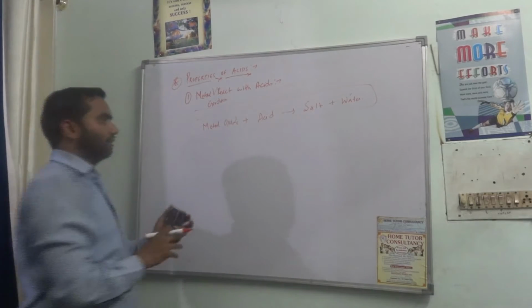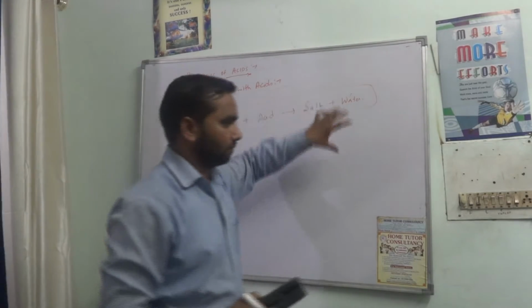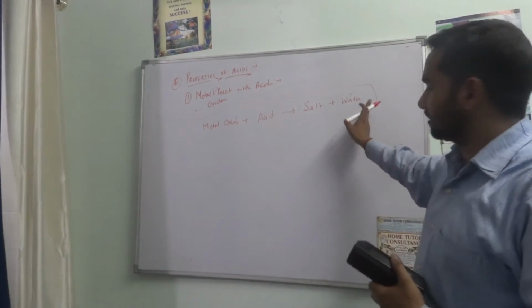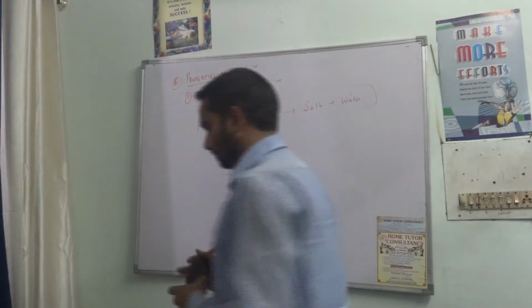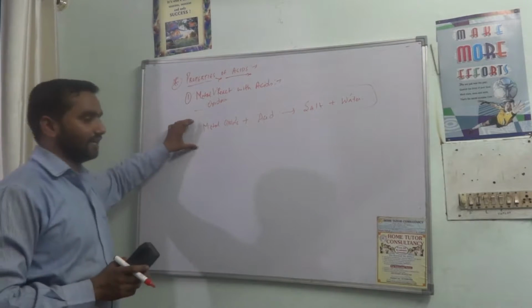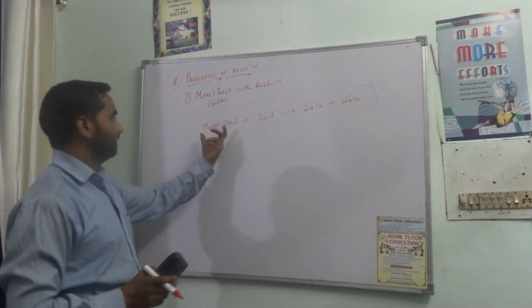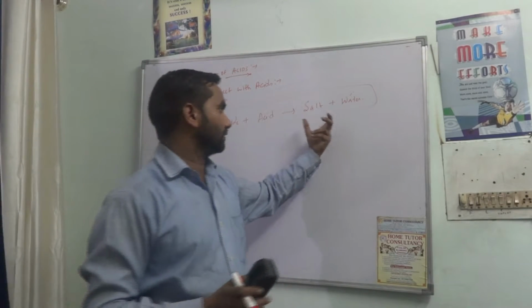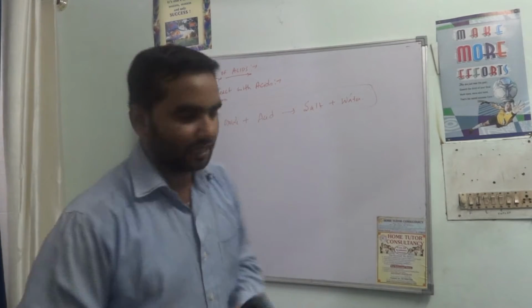Here the change is only in the byproduct. Earlier it was hydrogen gas, now it's water in liquid form. So this is the basic reaction when a metal oxide combines with acid in aqueous solution: it produces salt with water as a product.